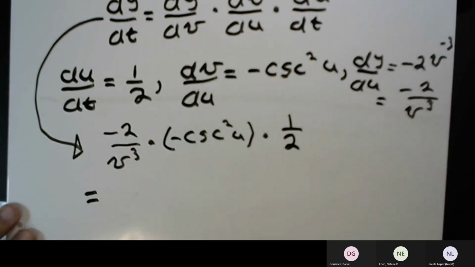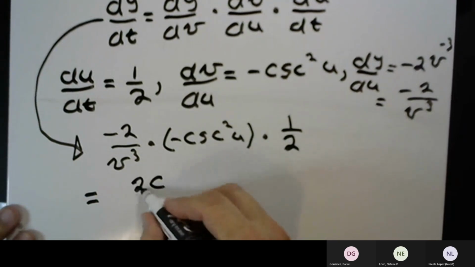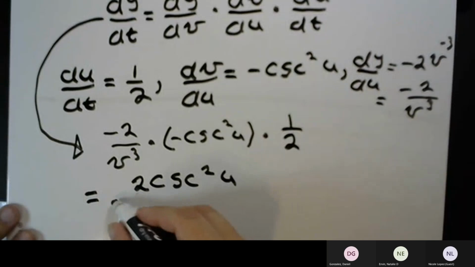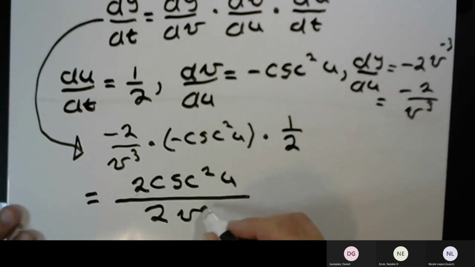So negative and negative is positive. We're going to get 2 cosecant squared u over 2 v cubed.